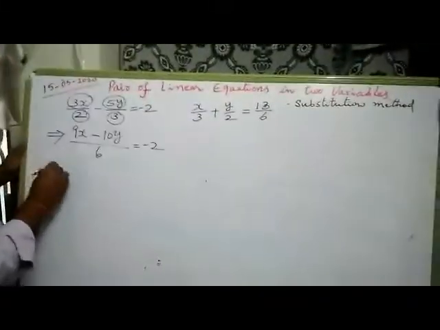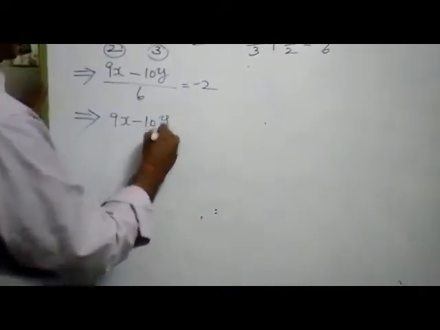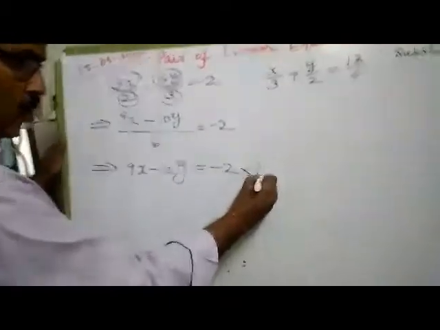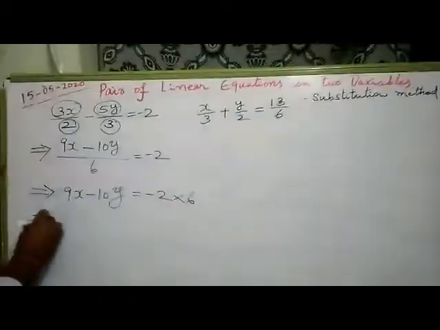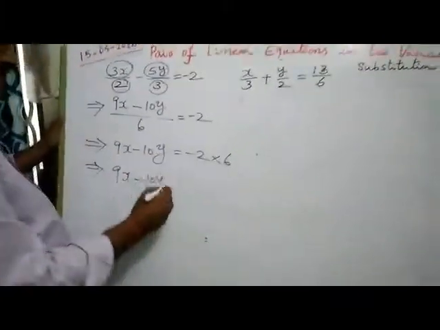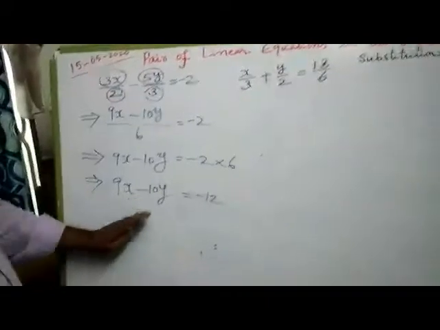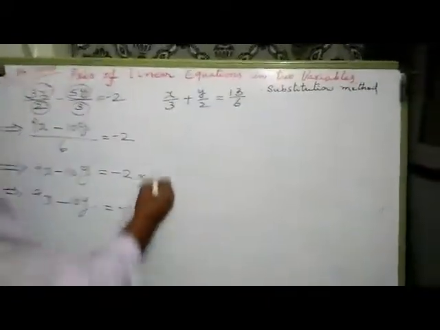That implies 9x minus 10y is equal to minus 2 by 6, which will be transposed into 6. That implies 9x minus 10y is equal to minus 12.